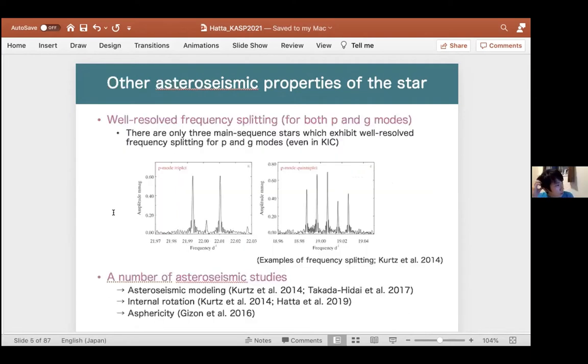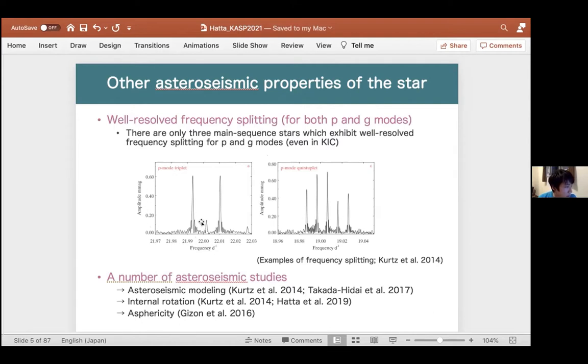Another good point is that this star exhibits well-resolved frequency splitting for both p and g modes. This feature is very rare. There are only 3 main sequence stars which exhibit well-resolved frequency splitting for both modes, even in the Kepler Input Catalog. Here are examples of frequency splitting.